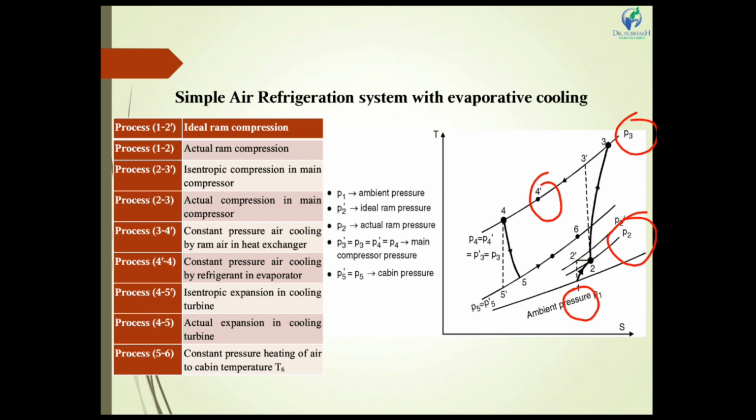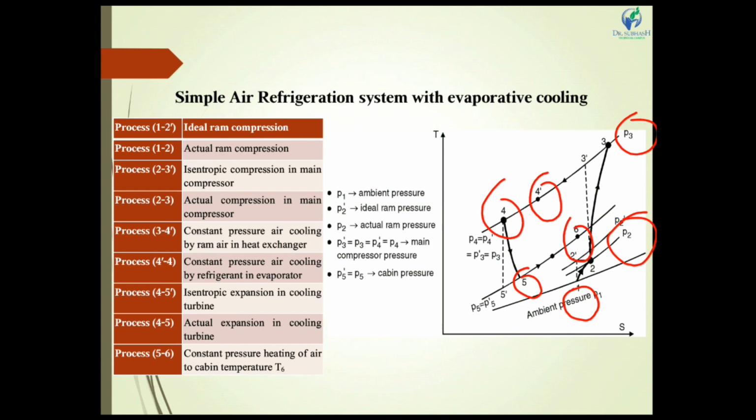After the first heat exchanger process, the point is 4 dash, and point 4 is after the evaporation process. Point 5 is after expansion in the cooling turbine, and point 6 is the cabin pressure.